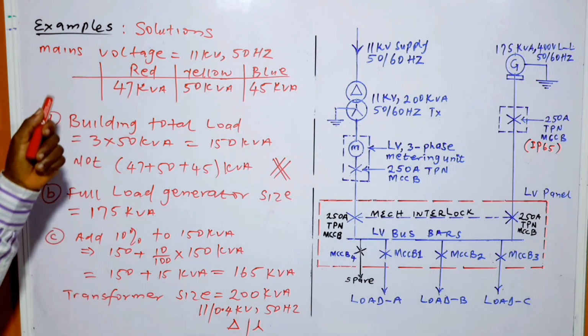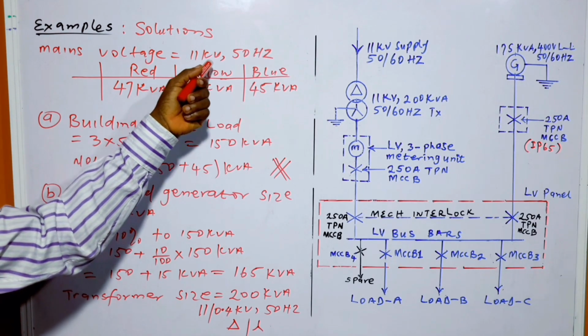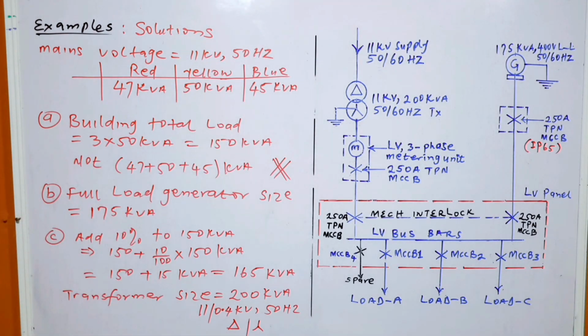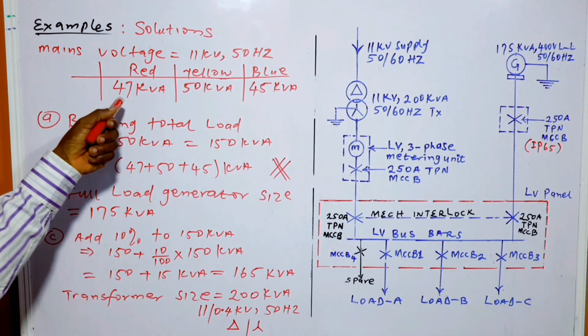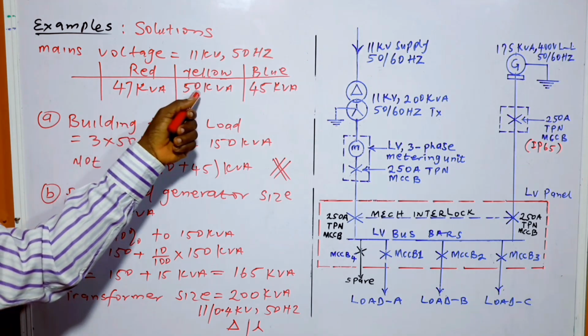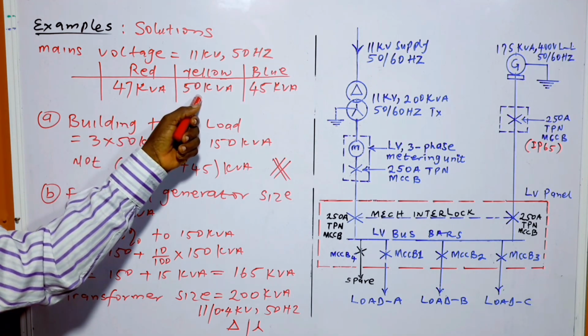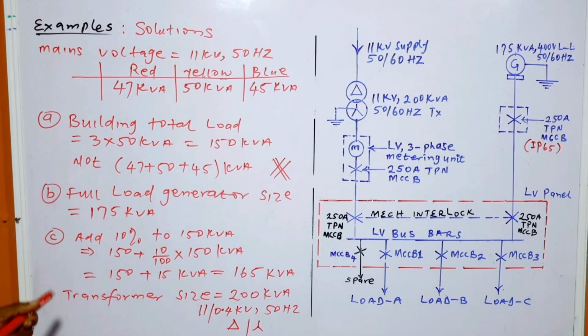Solutions to the problems. We know that mains voltage is equal to 11 kV at 50 Hz frequency according to the question. And we have a red phase load as given, being equal to 47 kVA, yellow phase load 50 kVA, blue phase load 45 kVA.